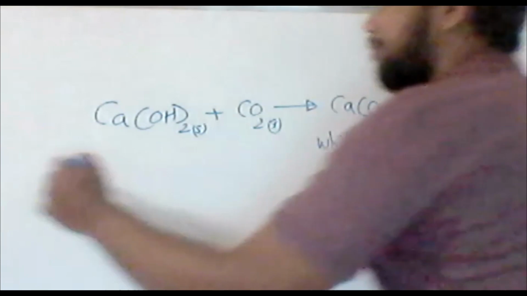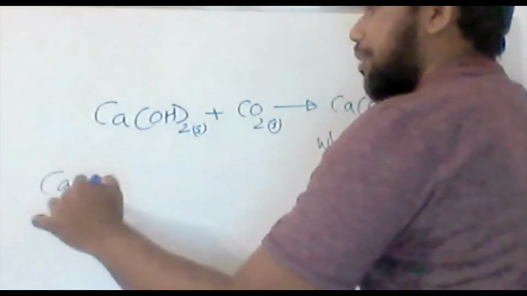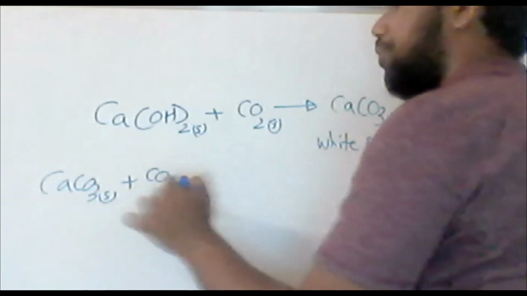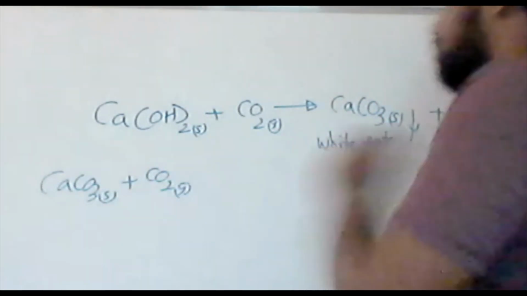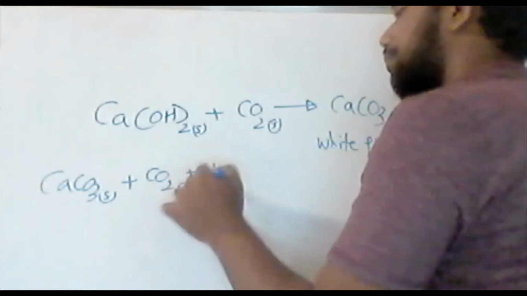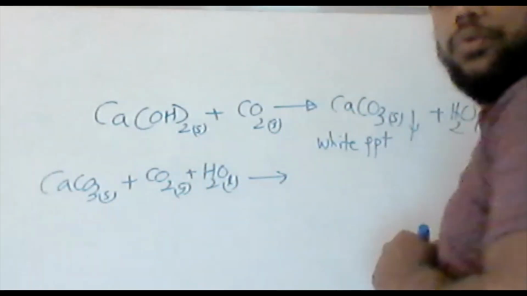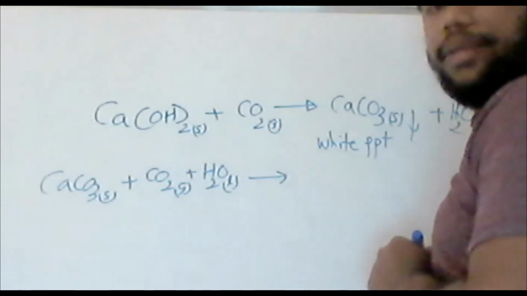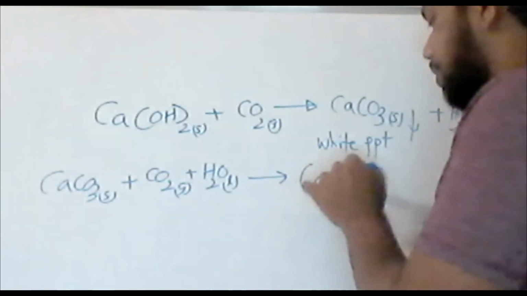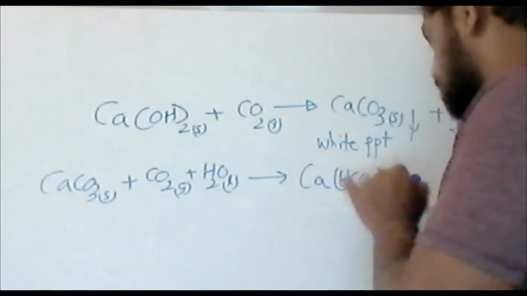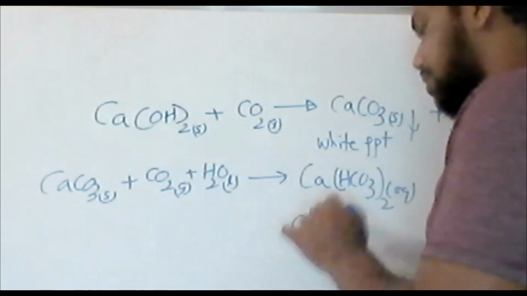And then you have this calcium carbonate solid, plus again more CO2 gas and water, which gives you calcium bicarbonate, Ca(HCO3)2 aqueous, which is colorless.